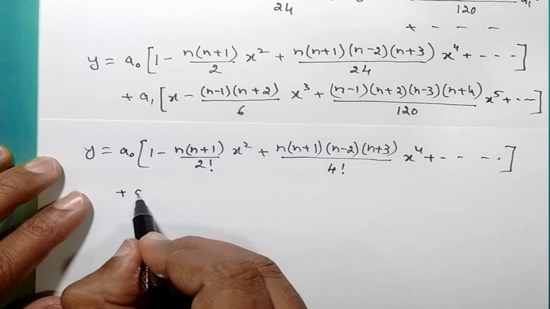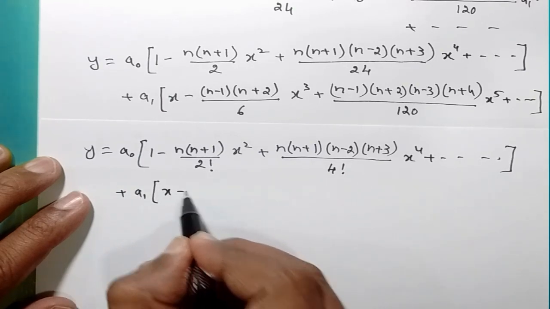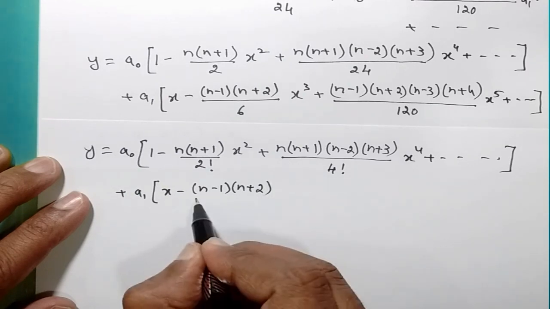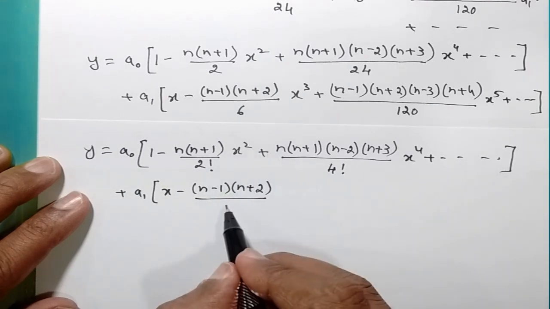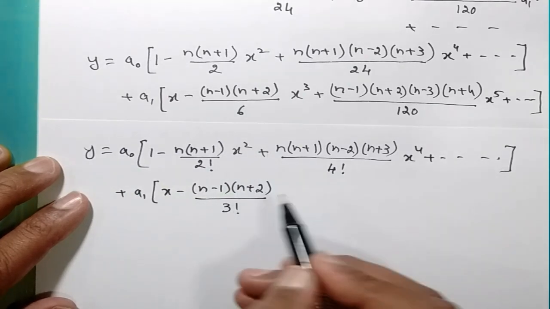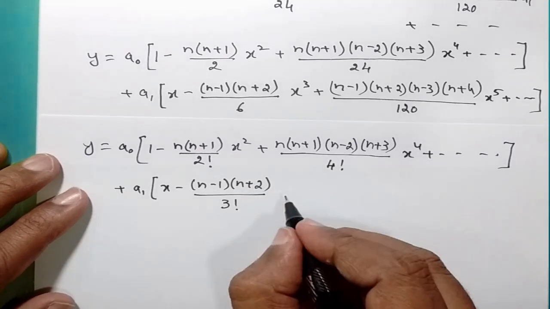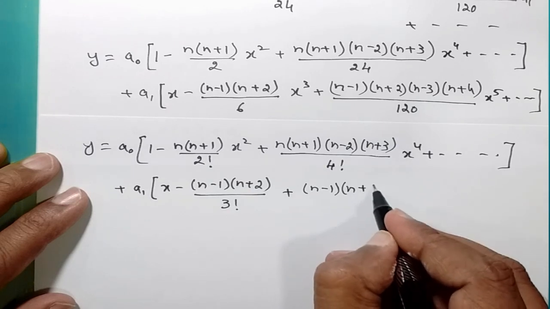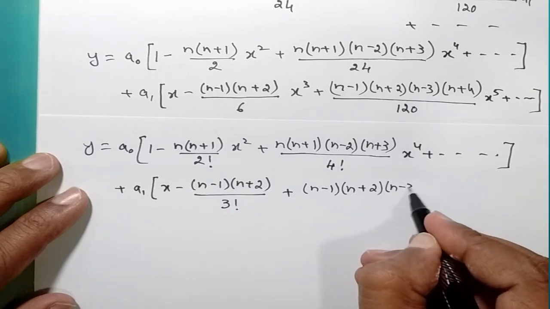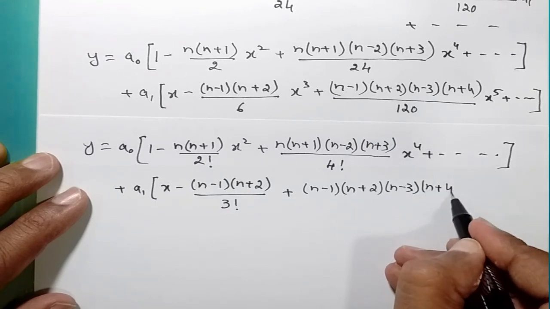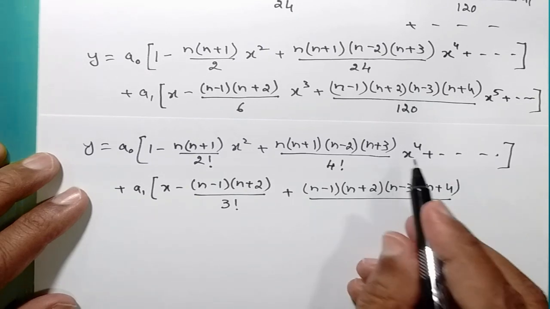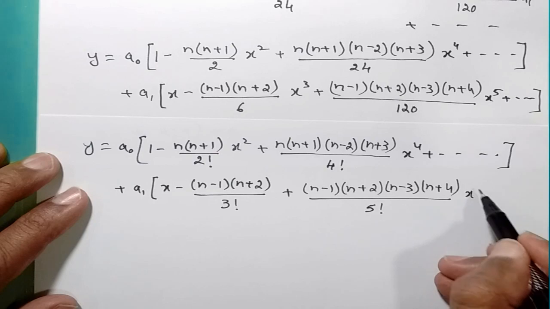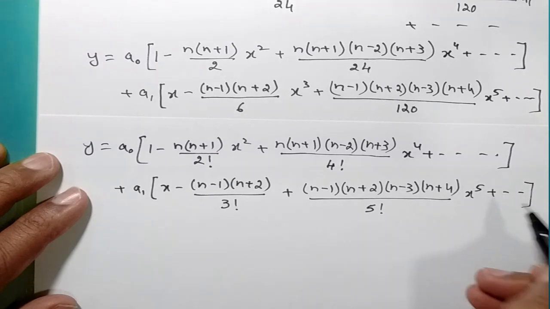Plus this a1 value as it is, x minus (n minus 1)(n plus 2) divided by, how can I write 6 in terms of factorial? 3 factorial, which will become 6, plus here (n minus 1)(n plus 2)(n minus 3)(n plus 4) divided by 120, which can be written as how much? 5 factorial, into x power of 5 and so on.